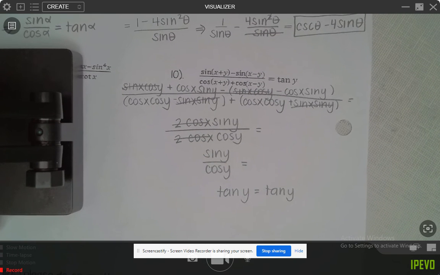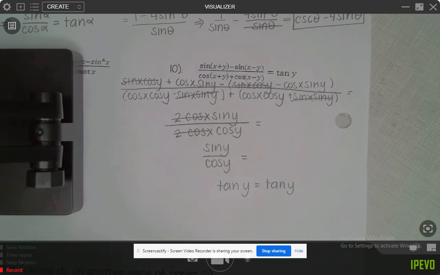This is the only way you'd have to do it and get it correct. So if I don't see all of this work, I would not give you full credit on Friday. And I don't know if I believe everybody has this written down.